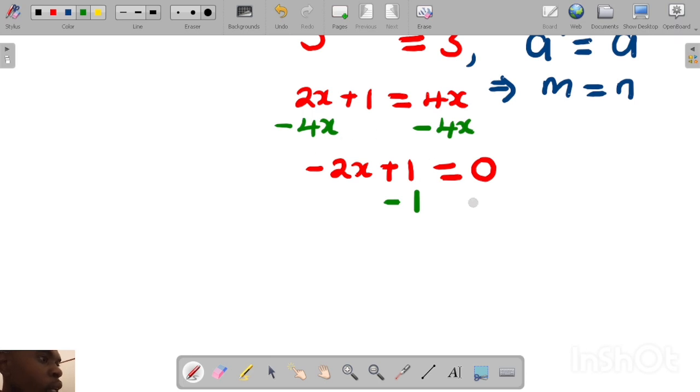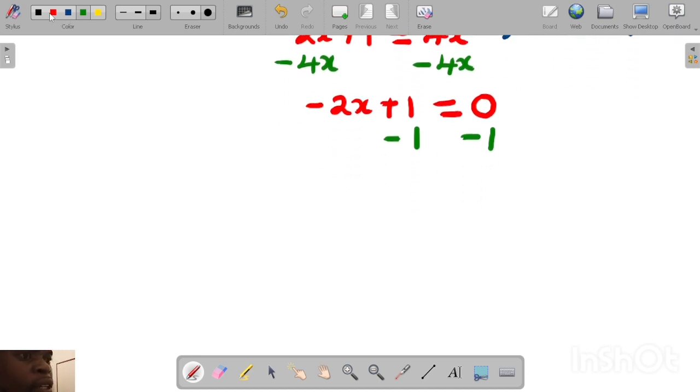What we've done on the left, we also do on the right. So on this side we have negative 2x, is equal to 0 minus 1, which is negative 1.